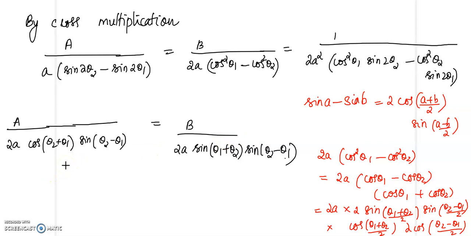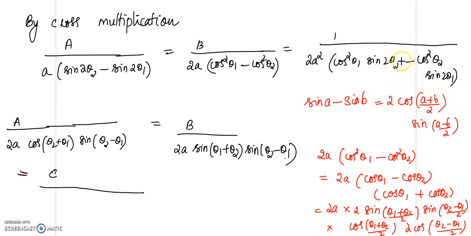And similarly in the third term, let us look at the simplification of the third term. The third term is sine 2 theta 2 under, sine 2 theta 1 under.